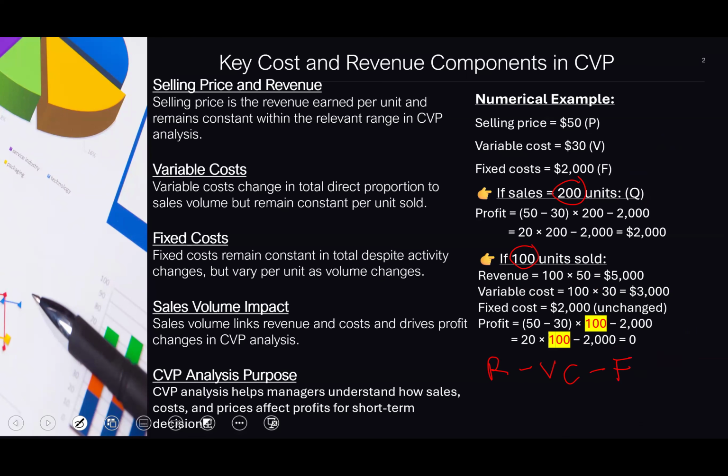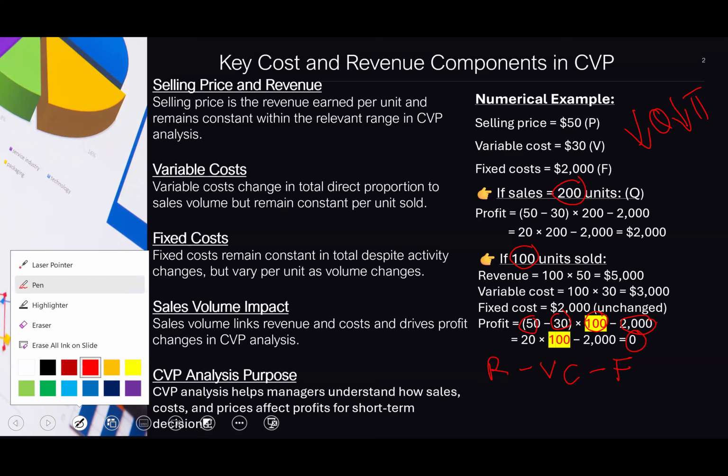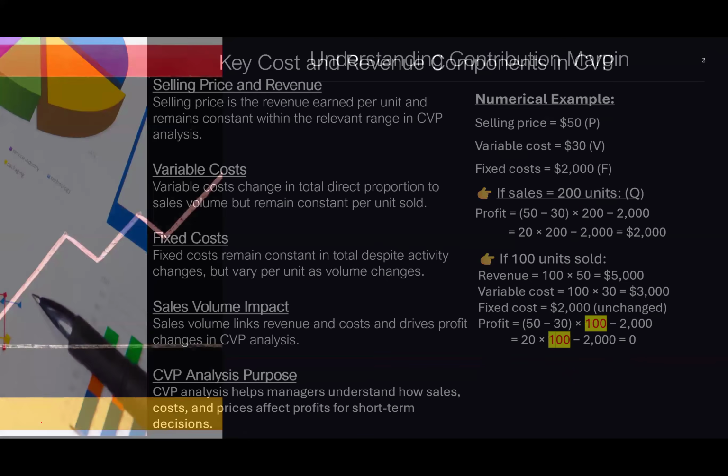So you say revenue minus variable costs for 100 units, minus the fixed cost of 2,000, is going to now give you a profit of 0. Right? So what does that show you? Lower the number of units sold, lower is your profit, right? And many other things. So this is just a start. We will keep expanding on these concepts.